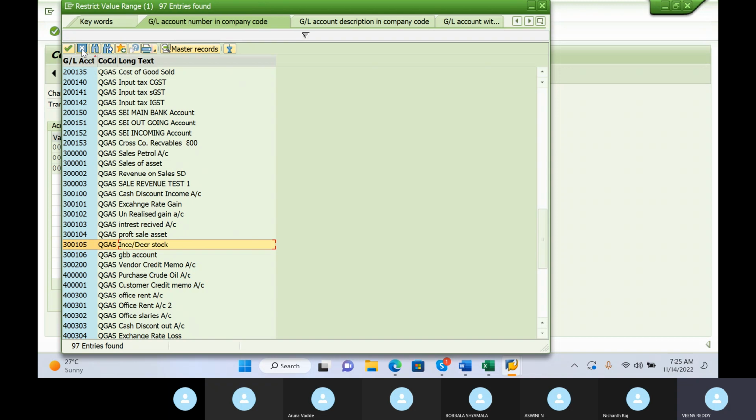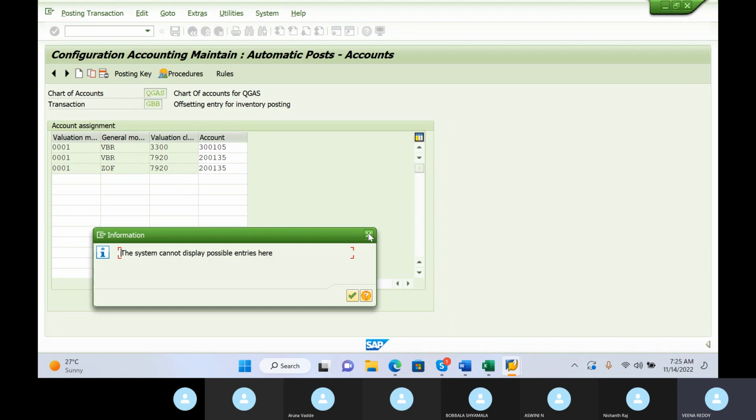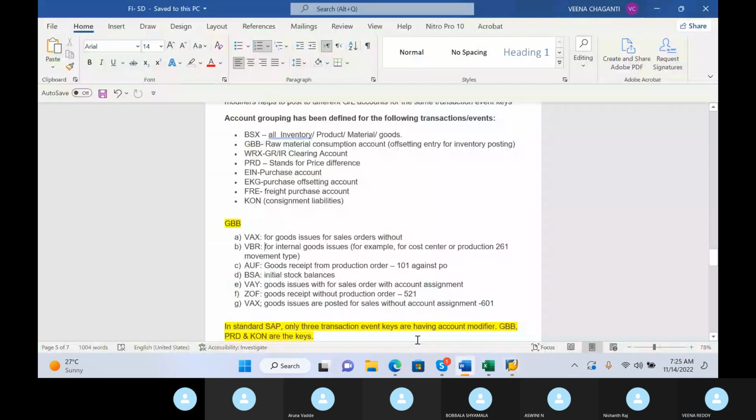I said, whether the stock is increasing, decreasing, scrapping or moving, anything related to stock happening in our organization will give a specific GL according to the valuation class and the general modifier. These are some general modifier keys. ZOF: I'll show in goods receipt with production order.